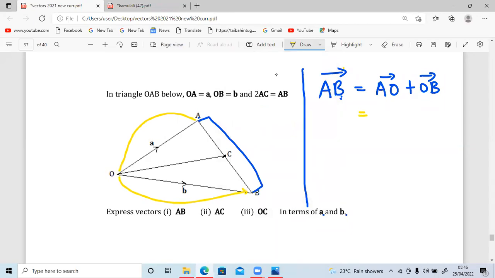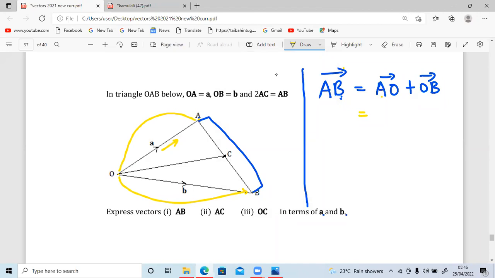But now you ask yourself, what have I been given? For A to O, they have given us O to A as A, pointing this side, but you are moving in the opposite direction.